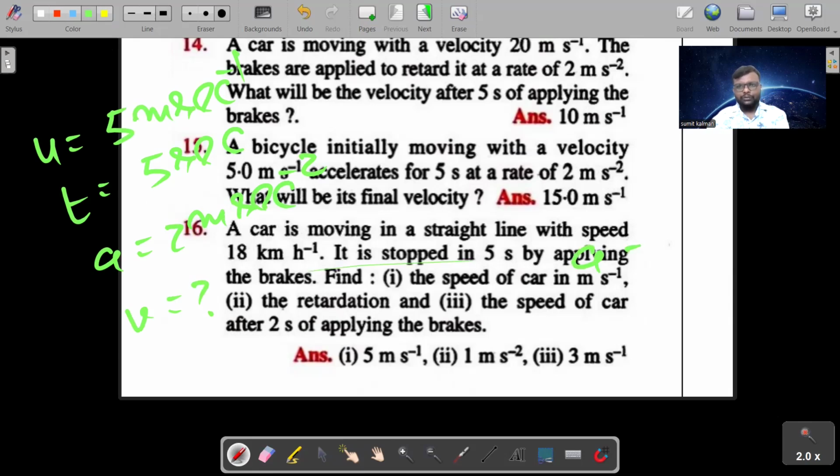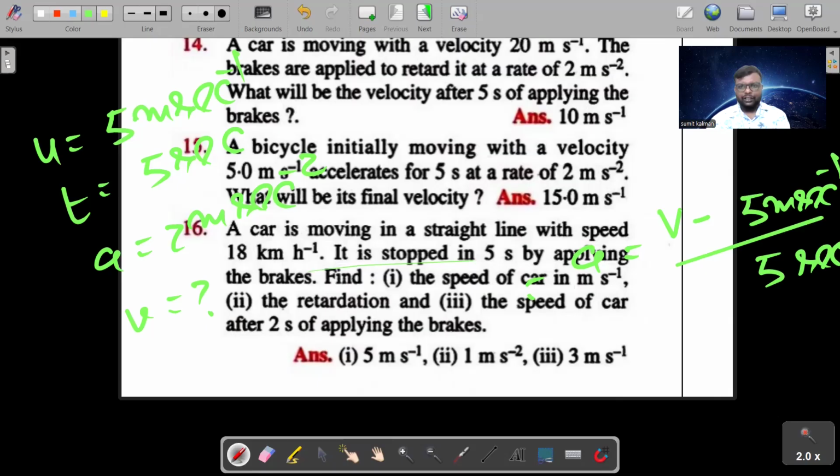So A is equal to V minus U upon T. U is 5 meter per second. Time is given, 5 seconds.